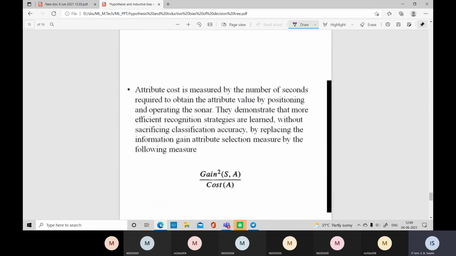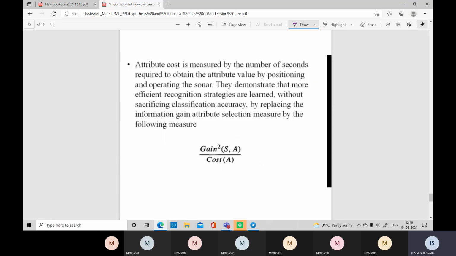Once you assign the values, those values will be applied to this formula. This is also one type of information gain calculation, like entropy.